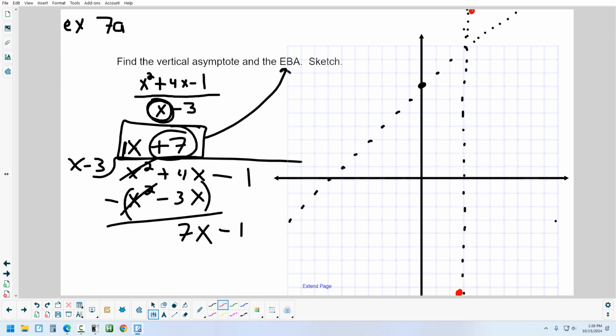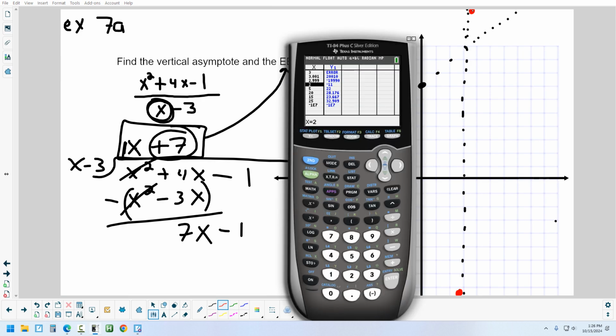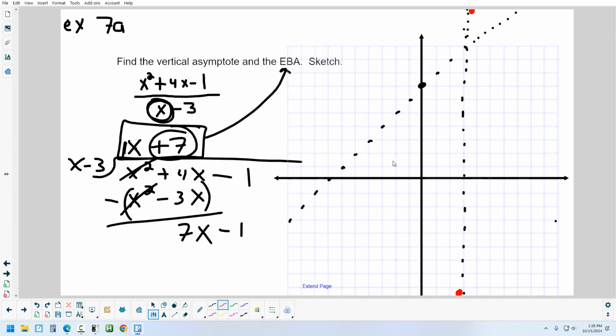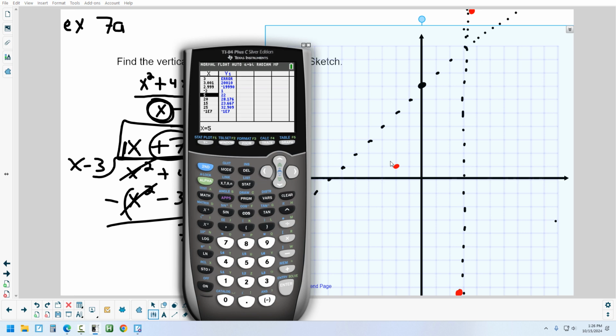Okay, now let's pick a few other dots to the left of that negative 3, because I need to start seeing what it looks like. Let's try negative 2. Negative 2, 1 is a point on the graph. So negative 2, up 1. All right, let's do some more. Let's do negative 1.